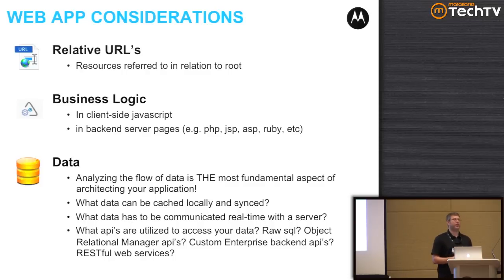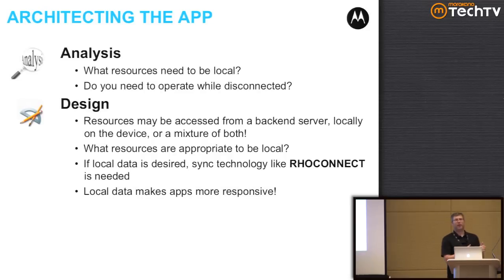How are you getting at your data? And the reason I say that you need to understand this is because, remember, part of what you're going to be porting your dynamic web application to is our structure and our format.